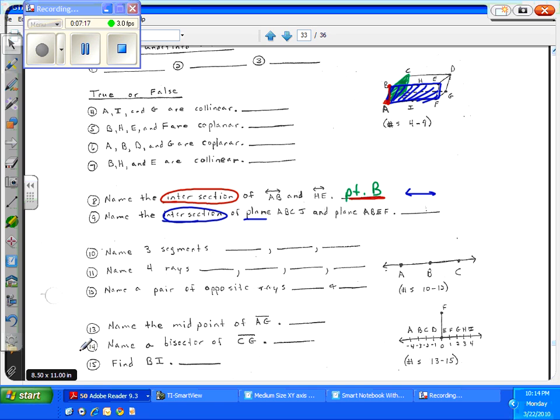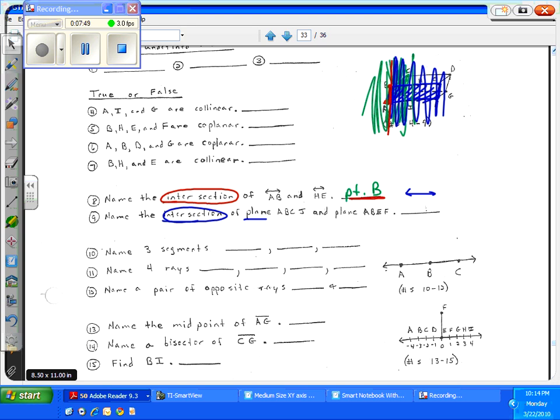But in theory, plane ABCJ doesn't really stop where that face is. It really goes infinitely forever here, see? And it keeps going there. And this plane that contains the first face goes infinitely forever.